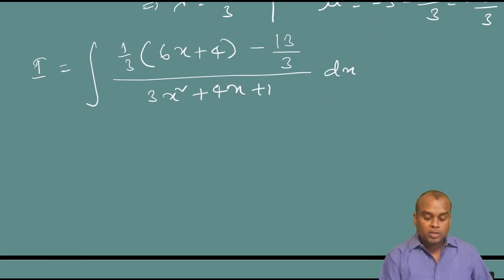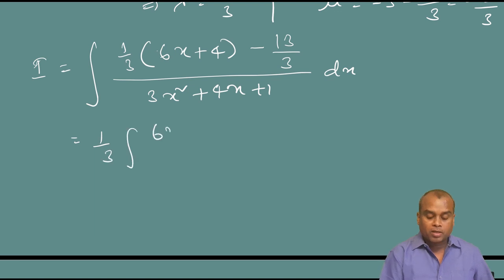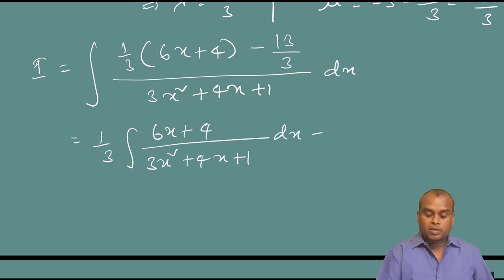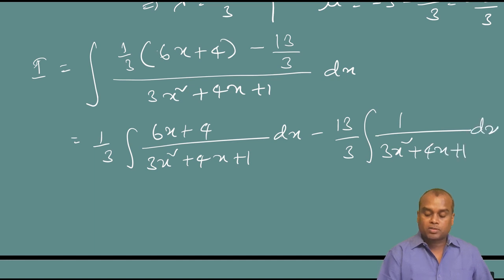And now I am going to write separate denominators. So it will be 1 by 3 into integral 6x plus 4 by 3x square plus 4x plus 1 dx minus 13 by 3 into integral 1 by 3x square plus 4x plus 1 dx.